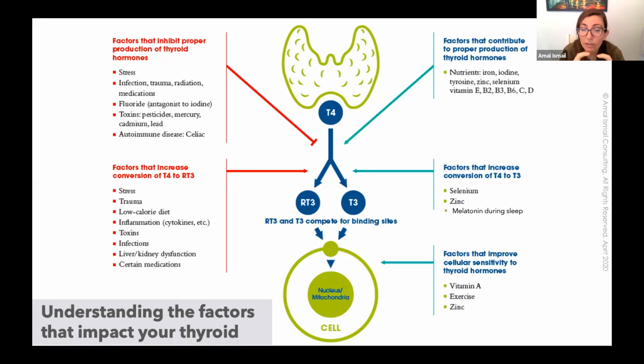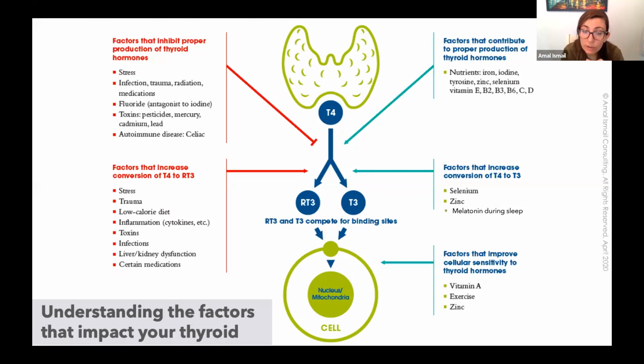Finally, we talk about cellular sensitivity. So remember, earlier I spoke about how every cell in the body has a receptor ready to receive T3 in order for it to set its metabolic function and do its job, whatever that cell may be in the body.